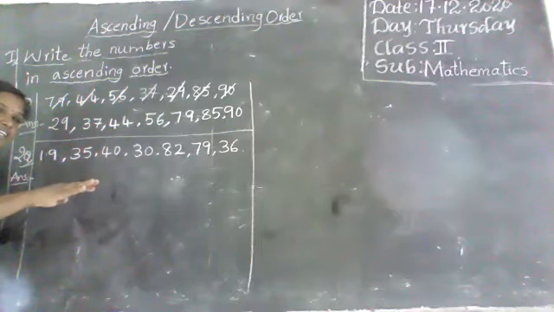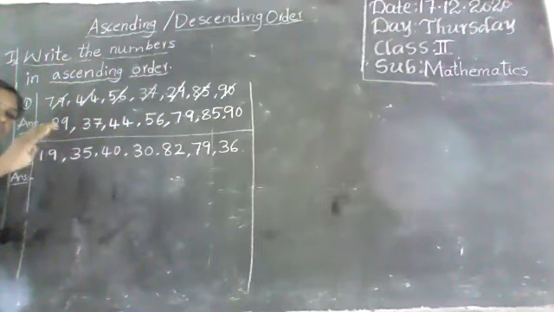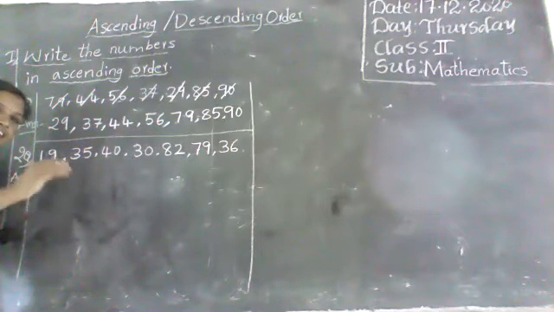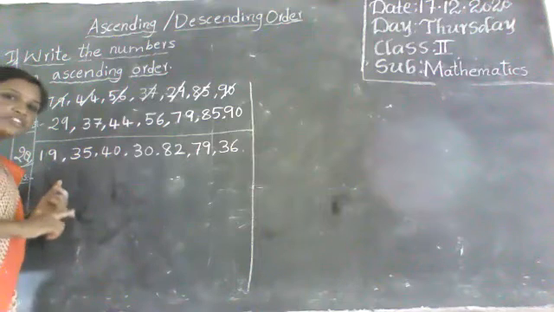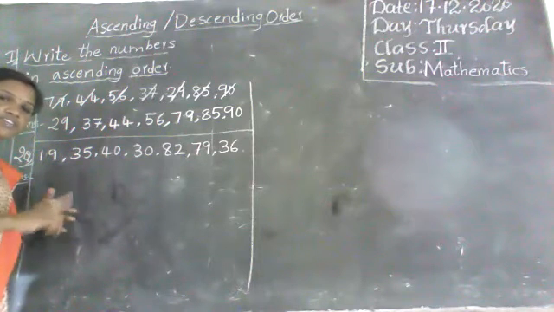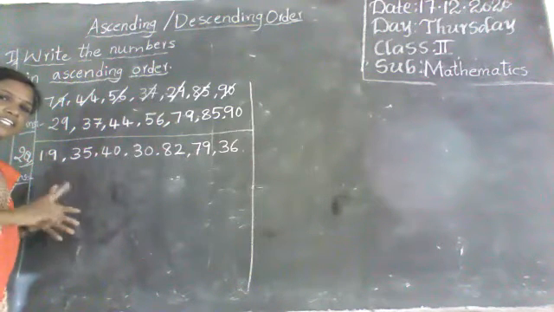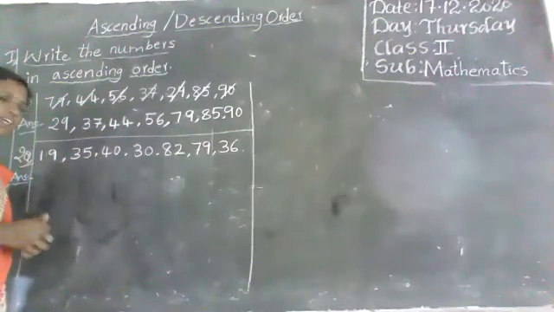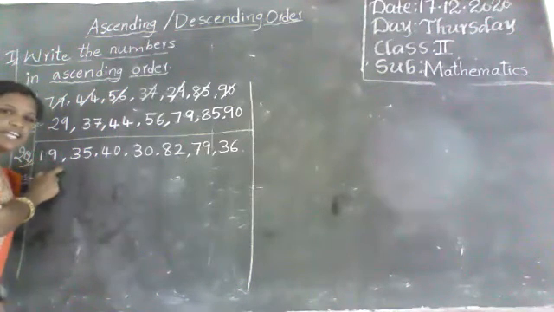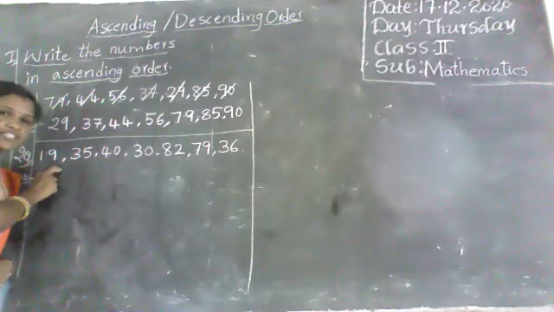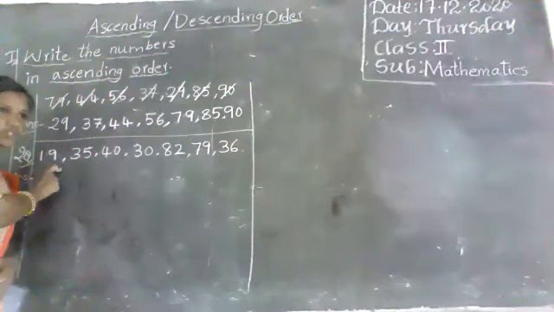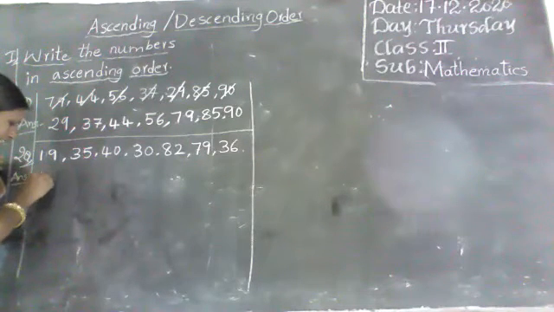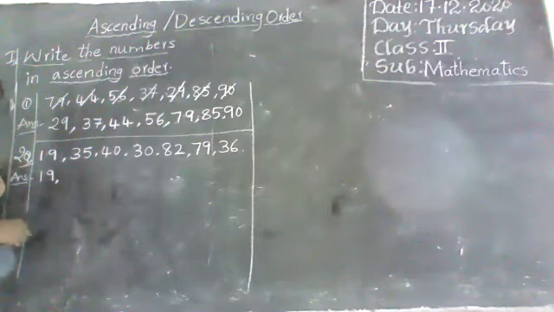Forward counting means 1, 2, 3, 4, 5, 6, 7, 8, 9, 10, 20, 30, 40, 50, 60, 70, 80, 90, 100. In this counting, which number comes first? 19. So 19 is the smallest number.